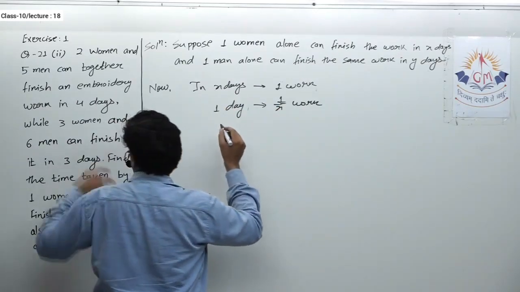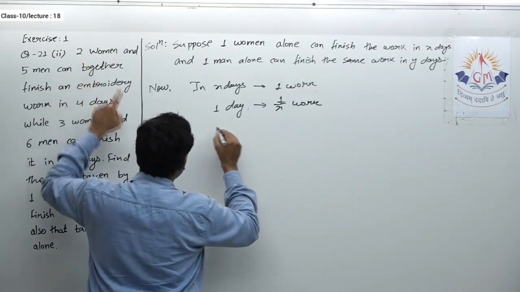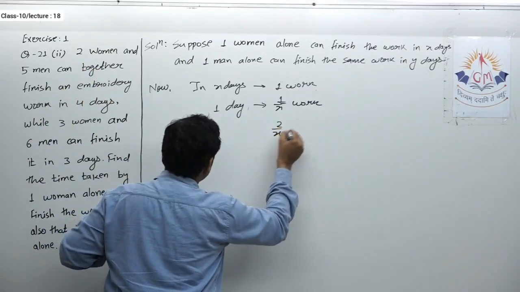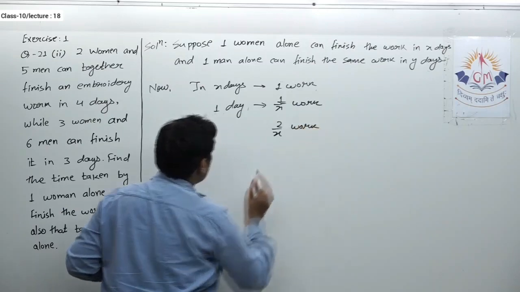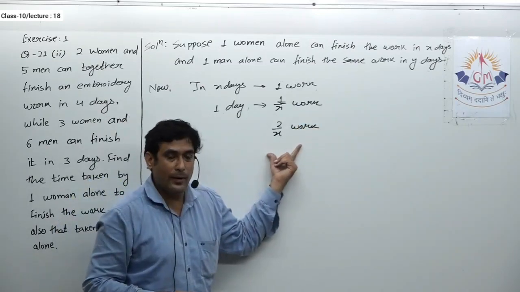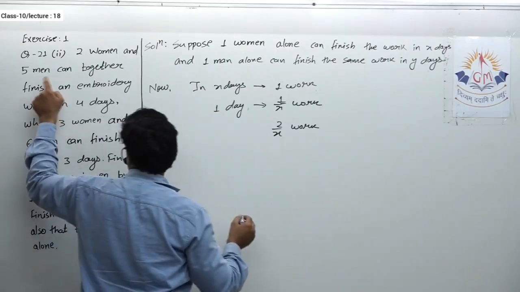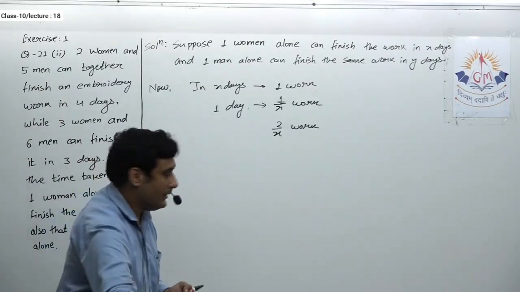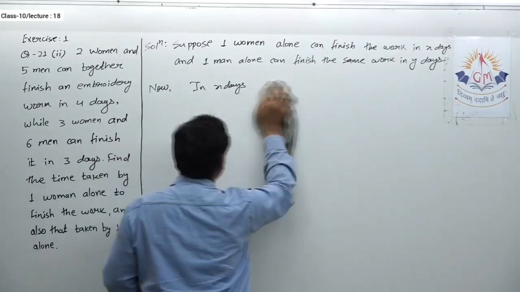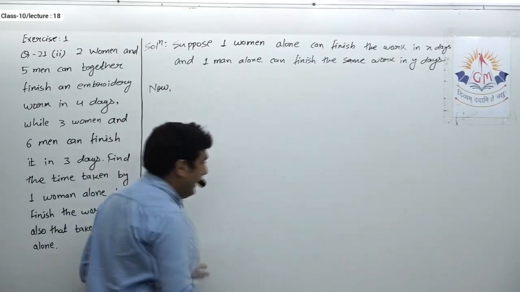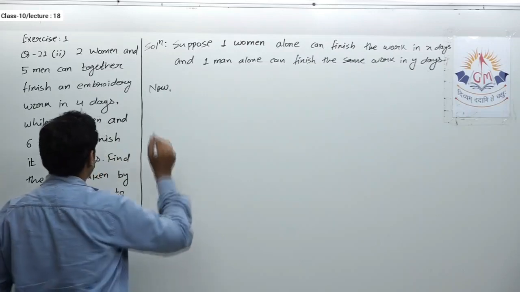So in one day, two women will be able to finish this much amount of work. This is the work done by two women in one day. Similarly, we can find for men, and then we'll get a relation.